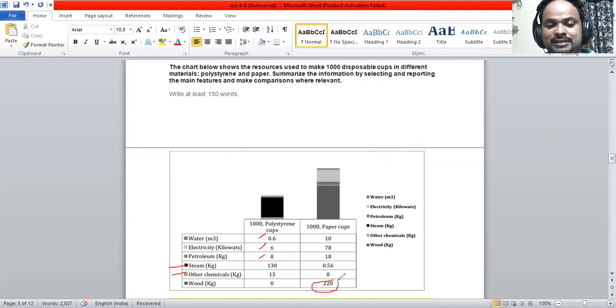So this is an exception: we don't need wood for polystyrene cups. So this is the group. We are going to frame these 3 things and this thing in one paragraph. These 2 things are exceptions, in another paragraph. So this is the outline we have framed before writing the task. So let's go in detail.